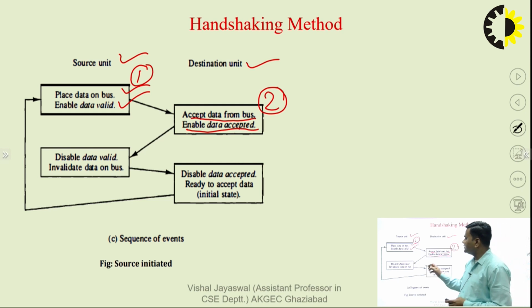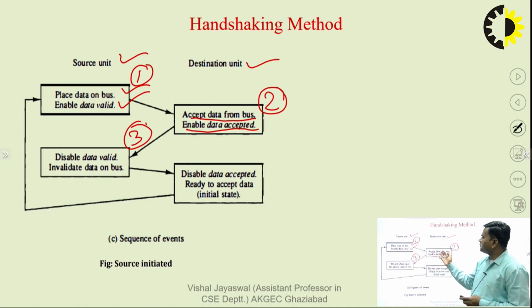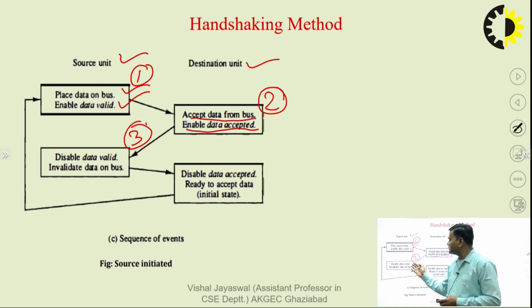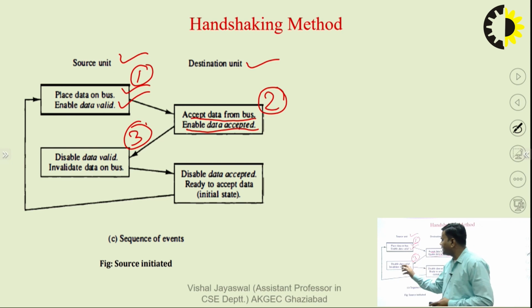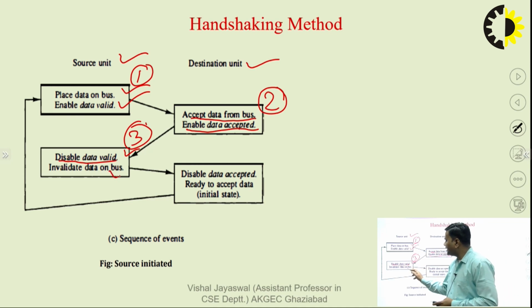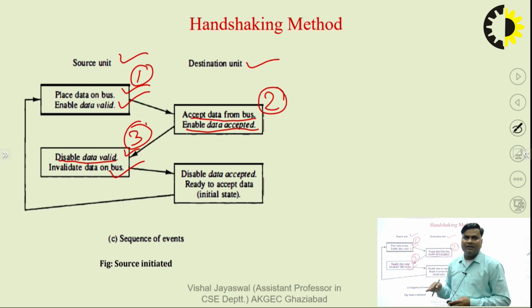After that, this is the third scenario, in which the data accepted line from the destination goes to the source unit, then the source disables the data valid line, and that means it invalidates the data on the bus. Basically, if the data valid line is enabled, then we can say that data is valid on the bus.